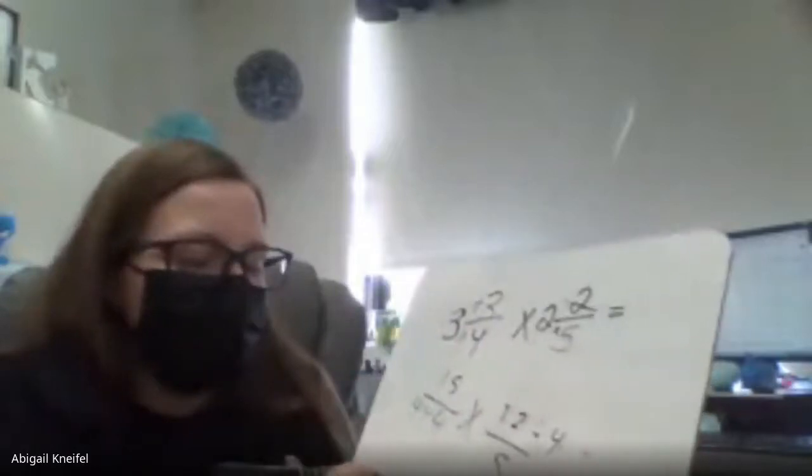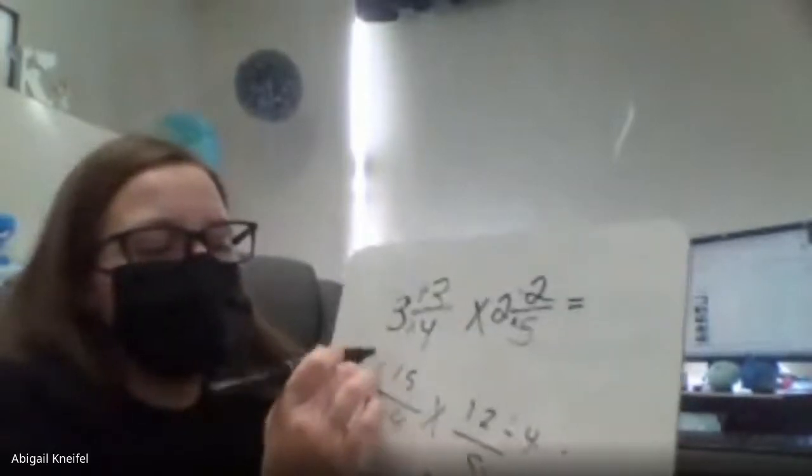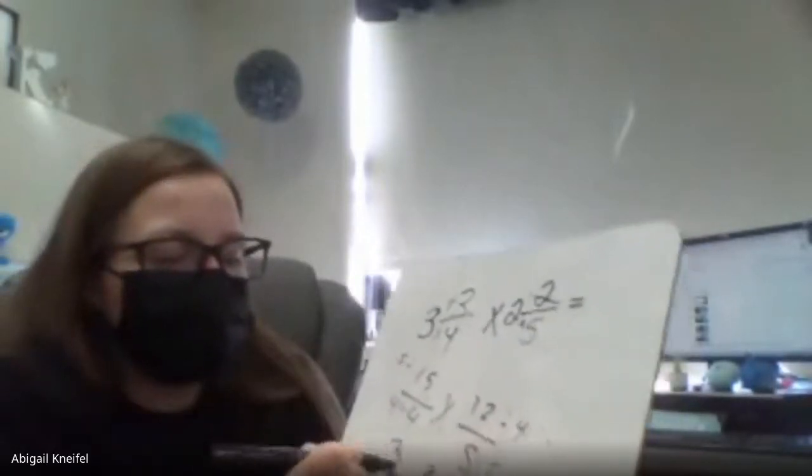And guess what? I can cross simplify to make my life easier. 4 can go into 4 and 4 can also go into 12. So the 4 becomes a 1, the 12 becomes a 3. 5 goes into 5 and 5 also goes into 15. 15 becomes a 3, 5 becomes a 1. Now we have 3 over 1 times 3 over 1, which equals 9 over 1, which actually equals plain old 9.